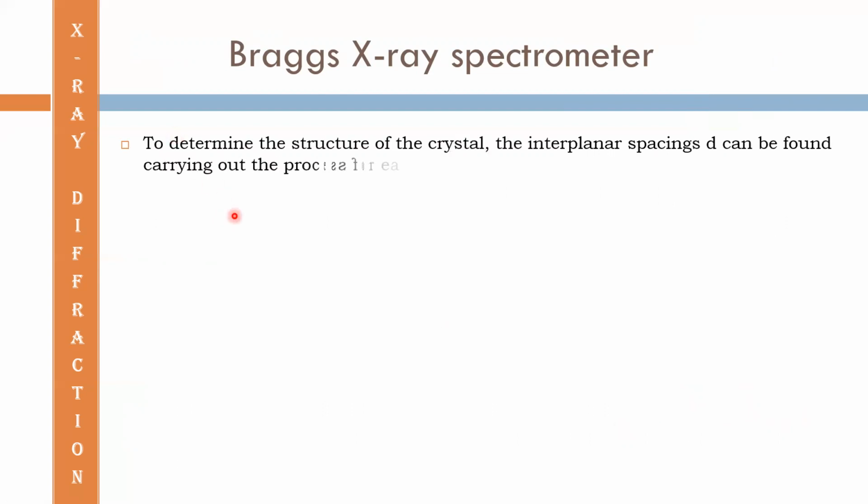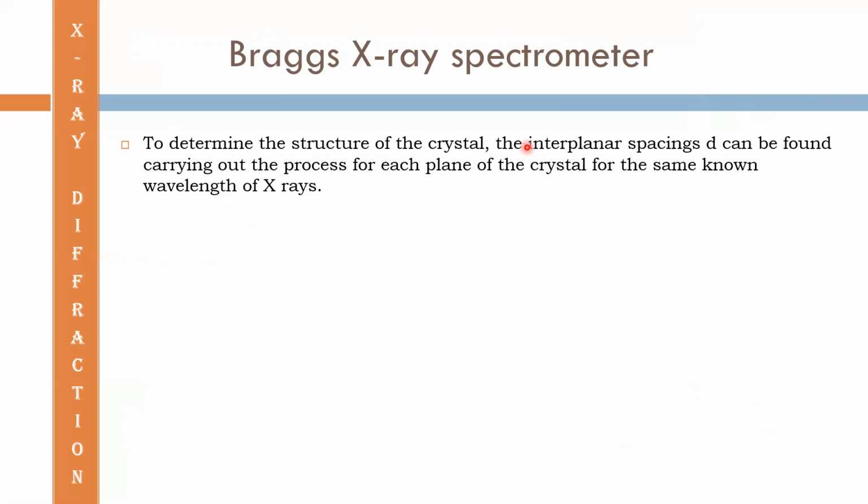Okay, so to determine the structure of the crystal, the interplanar spacing d can be found by carrying out the process for each plane of the crystal for the same known wavelength of X-ray.